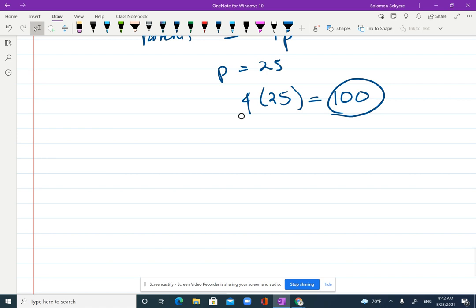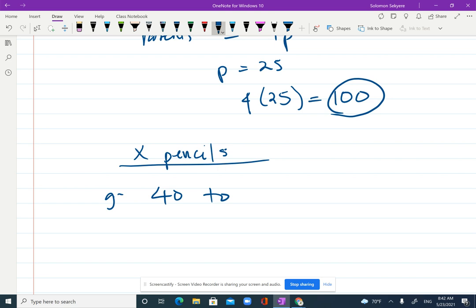What about if your teacher had X pencils, that's what your teacher started with?